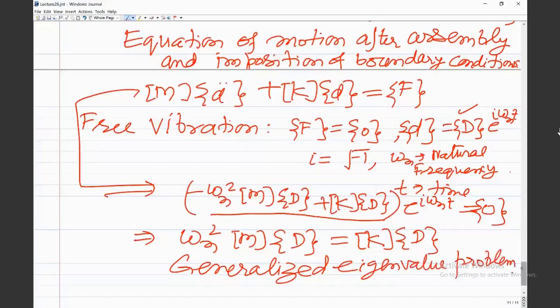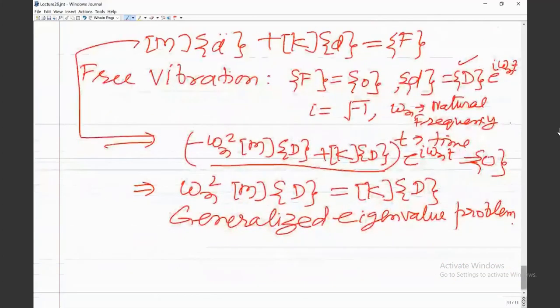For the non-trivial solution, the determinant of the coefficient matrix, that is k minus omega n square m, should be equal to 0, and from that you solve for omega n and the eigenvectors. Now let us say that we have the ith eigenvalue. I am not discussing the methods to solve this eigenvalue problem. There are different methods. From the determinant you can solve. Then the vector iteration.